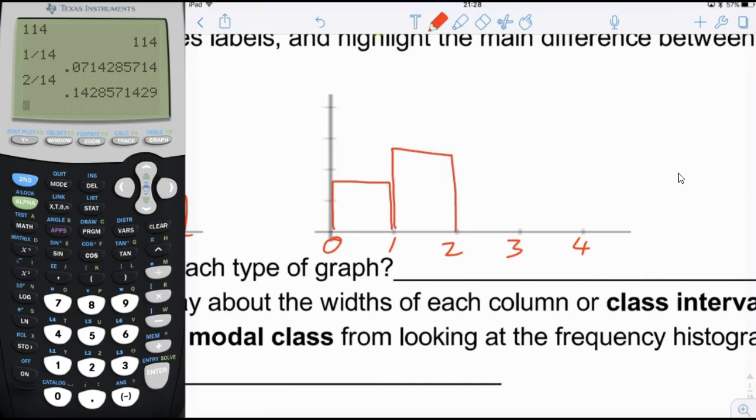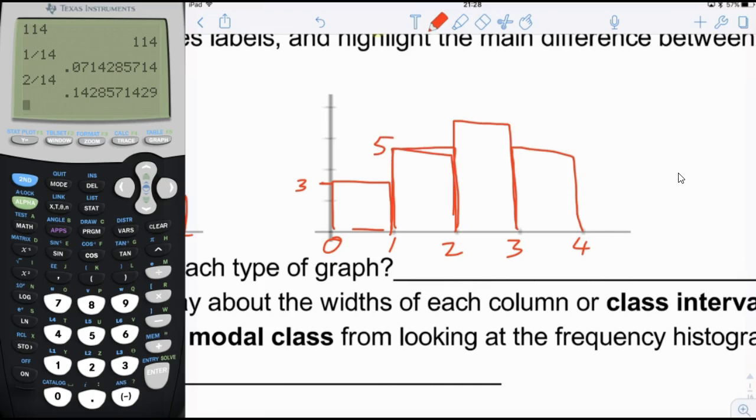Do you see how I'm putting the columns right next to each other? Now these columns show how many people have a GPA between 0 and 1, and that would be this level here, maybe it's a 3. And then how many people have a GPA between 1 and 2? Let's say that's like 5. Okay?